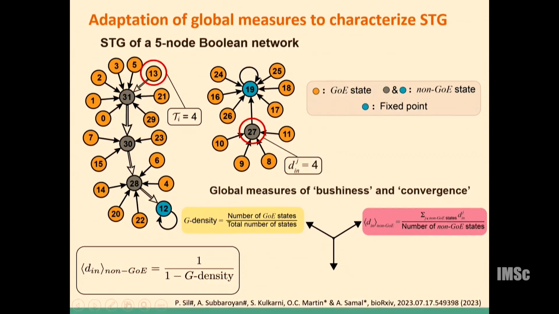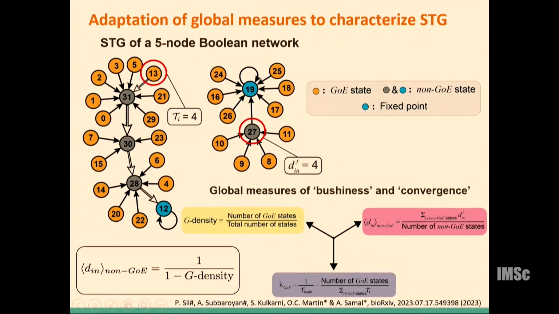Here, if we consider state 13, this GOE state, it takes 4 time steps to reach the fixed point. In this way we can compute the transient times for each of the Garden of Eden states, and take the average of that, which is the average transient length. If we take the reciprocal of that quantity, we call it the average convergence rate.